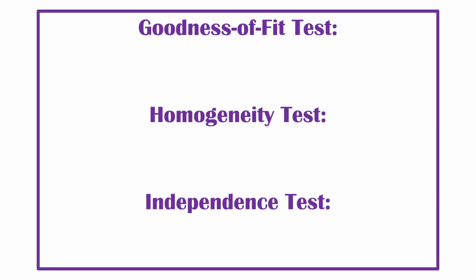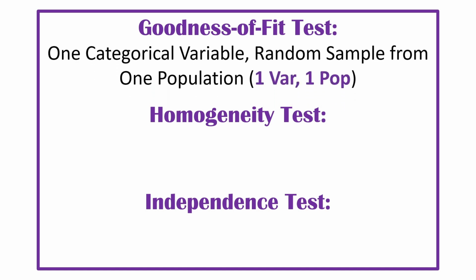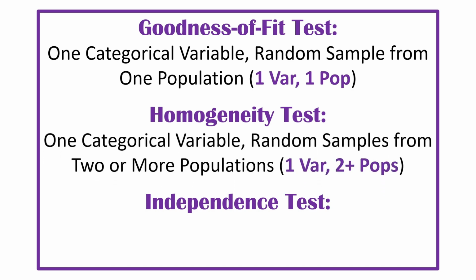Okay, so I hope you put yourself to the test. That's a good way to facilitate your learning process. So goodness of fit test again is one categorical random variable, one population, a sample drawn from one population. Homogeneity test is one variable, 2 or more populations.